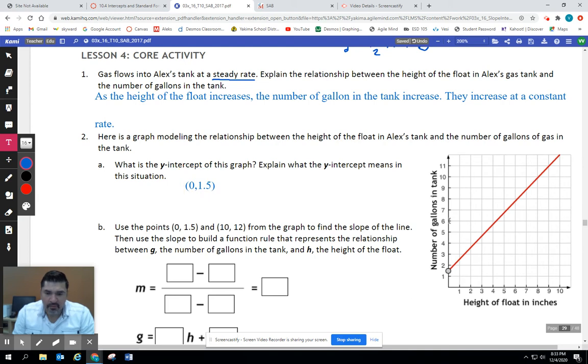Okay, so when the float is 0 inches in height, we have 1.5 gallons in the tank. Okay, so that's what that means. That's basically our starting point. When there's 0 height, we actually have 1.5 gallons of gas. So I'm going to go ahead and type that in.